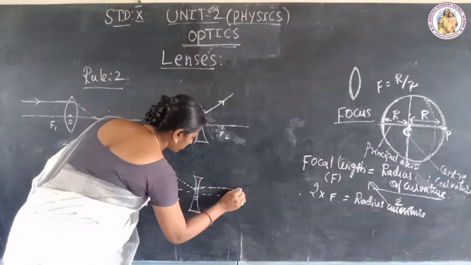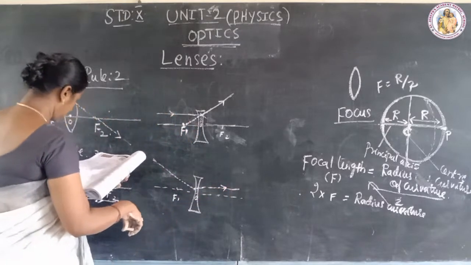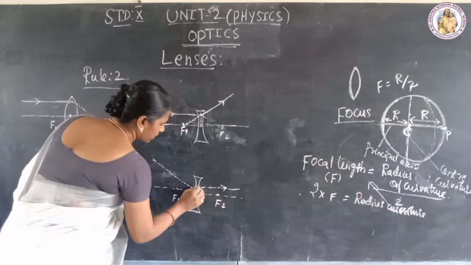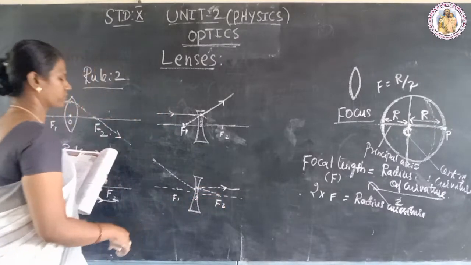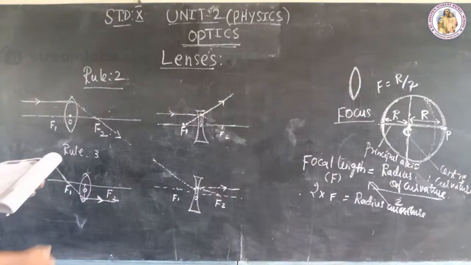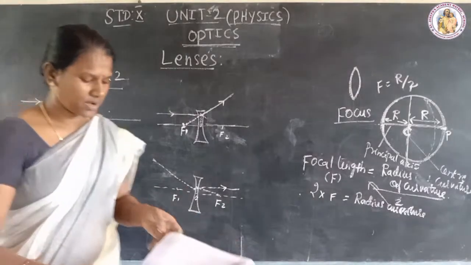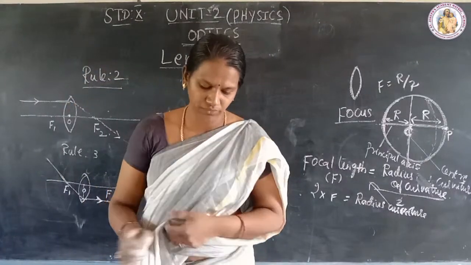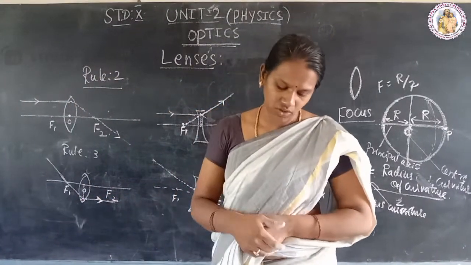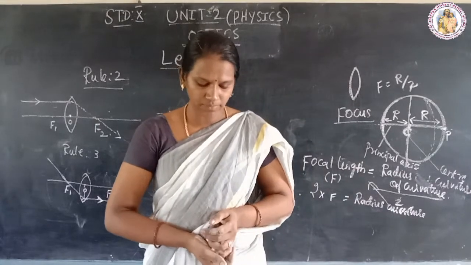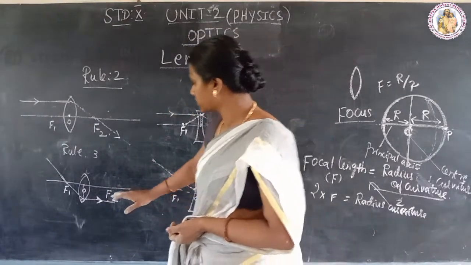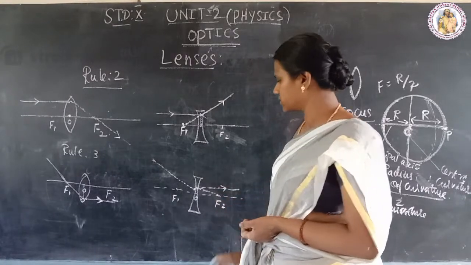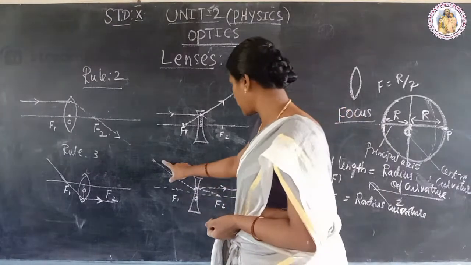After deviation, it is focused on F2. So when a ray passing through or directed towards the principal focus strikes a convex or concave lens, the refracted ray will be parallel to the principal axis. Okay, the refracted ray is parallel to the principal axis.